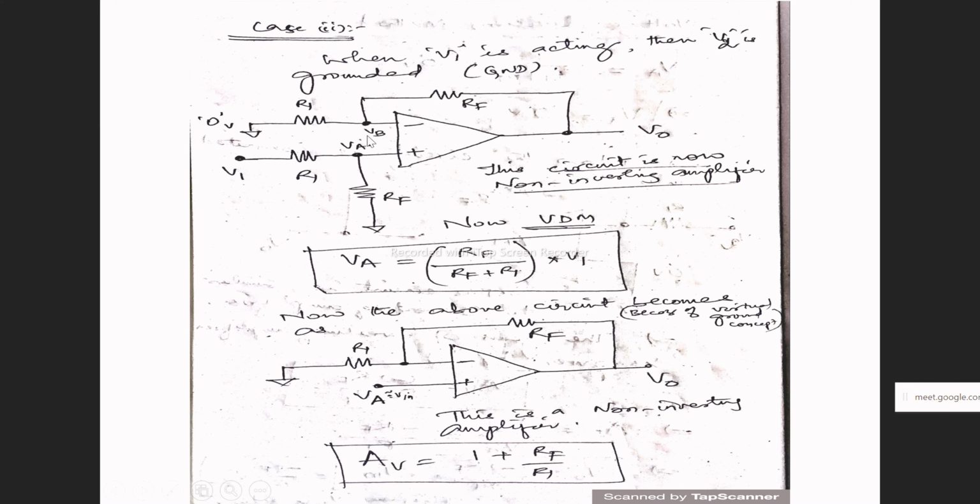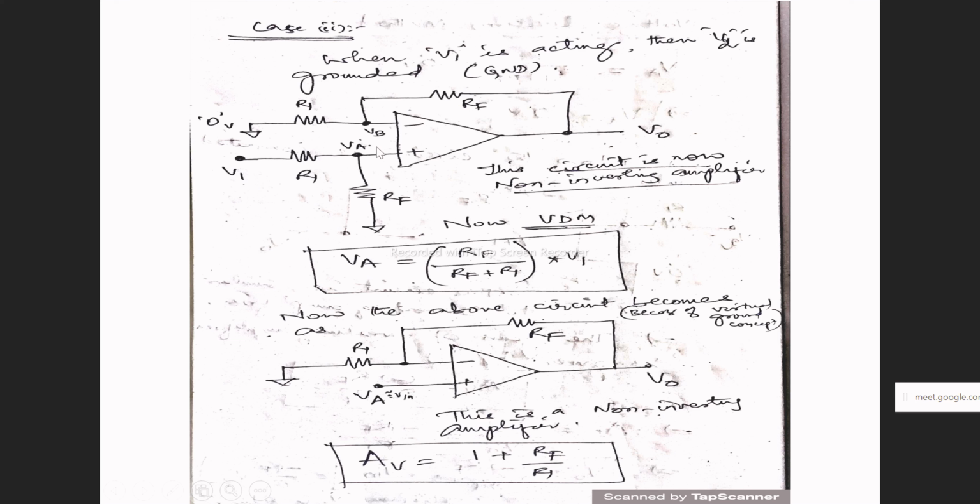Because we are supposed to apply the virtual ground technique. What is the virtual ground technique? We know that whatever the voltage is over here, the same voltage will also exist over here, because internally these two terminals are connected. That's the virtual ground or virtual short concept.